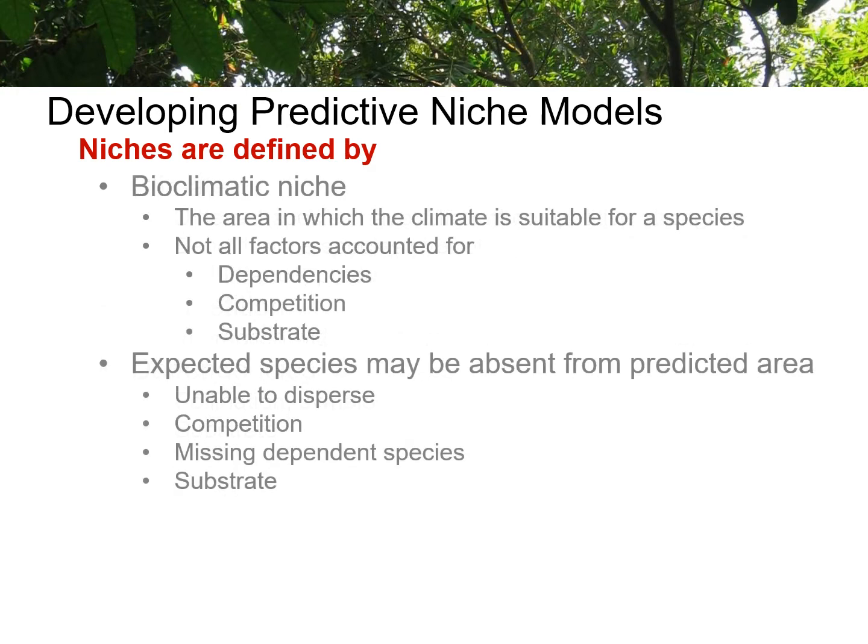So a species may not be actually present in the entire area in which the climate is suitable, due to missing dependencies or competitive exclusion, or simply lack of opportunity because propagules have not dispersed there yet.